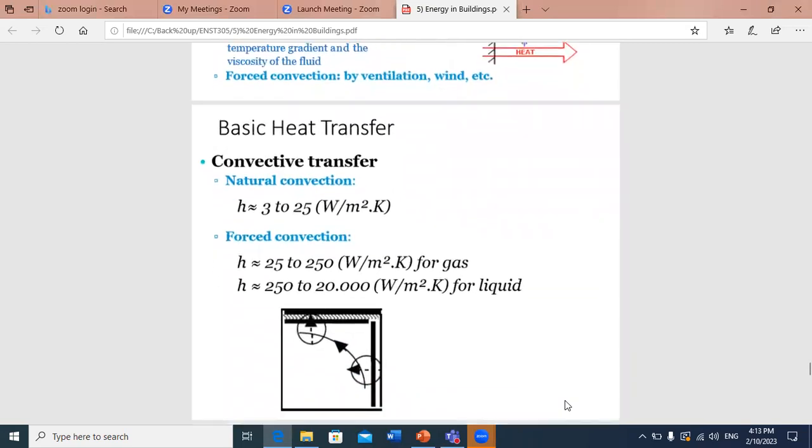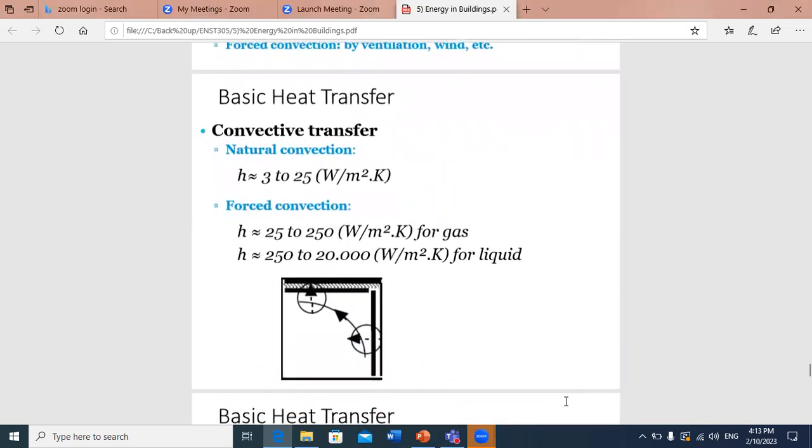And here we can compare some values for H. This comparison is very important for the next chapter, which is energy efficient strategies to use in buildings. We'll rely a lot on natural and forced ventilation.